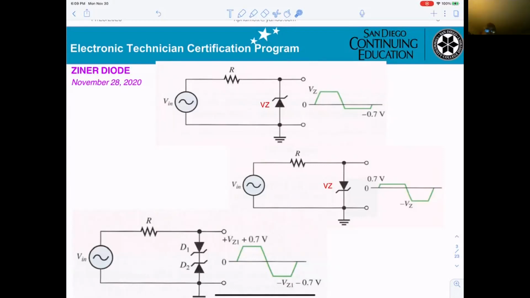What Mr. Pham is saying is there are two types of diodes, silicon and germanium. Silicon is 0.7 and germanium is 0.3. Correct.